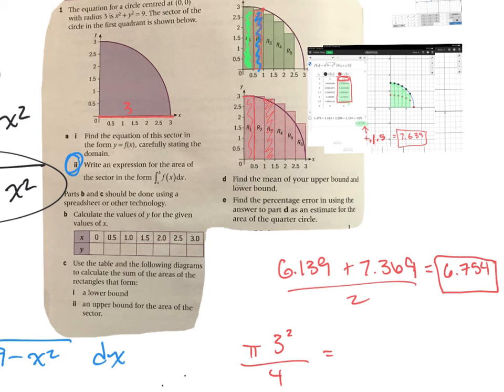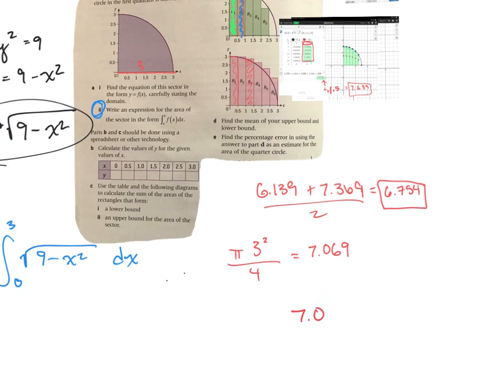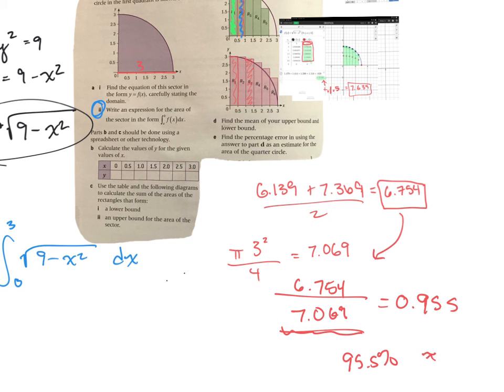That is 7.069, rounding, whatever. And then it wants to know the percent error. So just dividing it out, we've got the approximate area divided by the actual area, and we ended up with that this is 95.5% accurate. So we're off by about 5%, about 5% error.